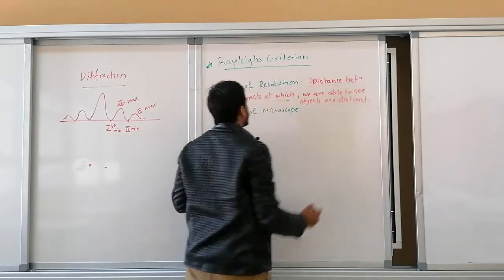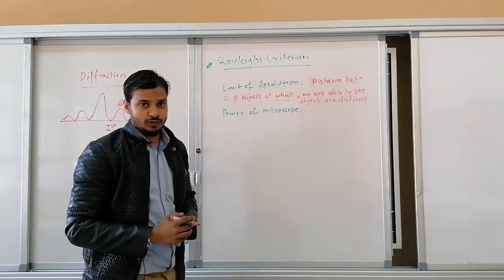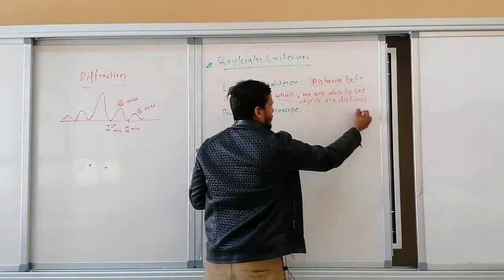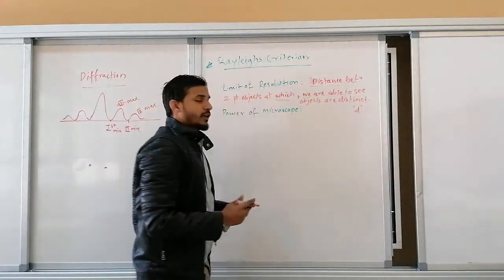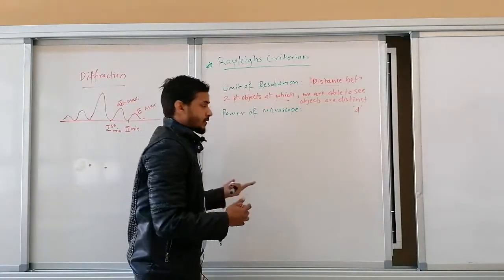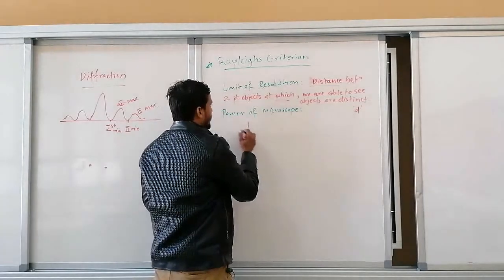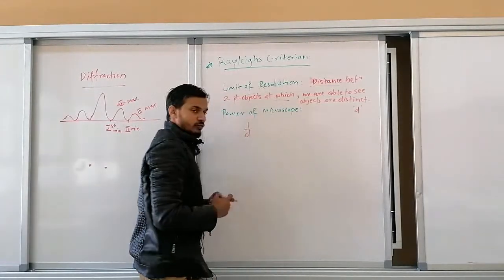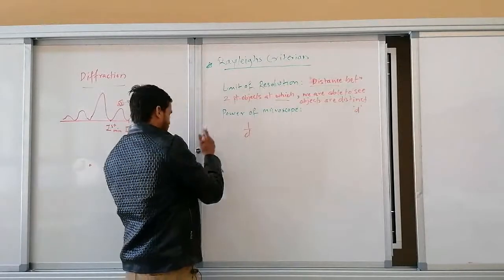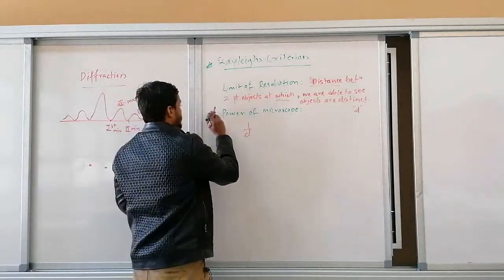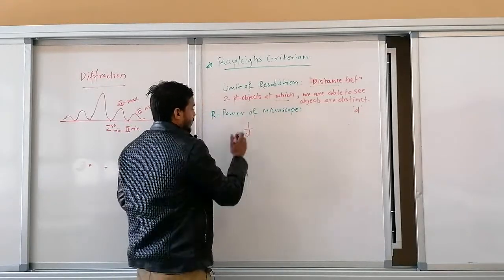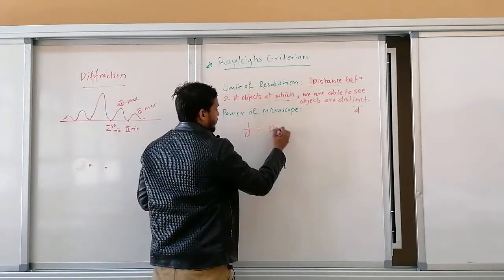This small distance is called the limit of resolution. If it is d, suppose, then the inverse of the limit of resolution is called the resolving power of the microscope. So 1 by d will be the resolving power.